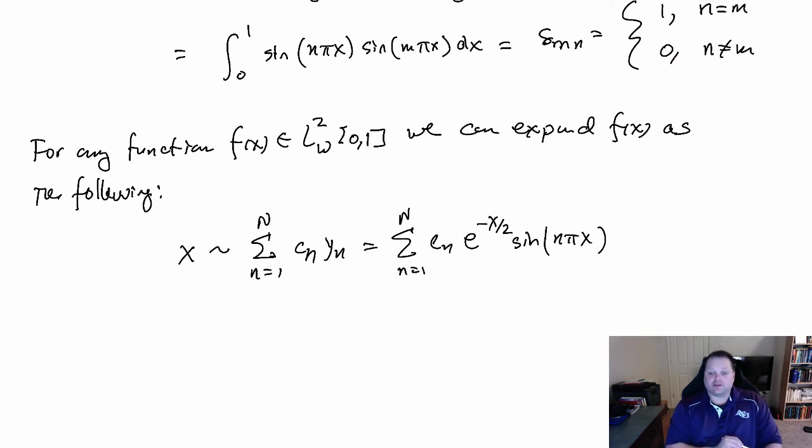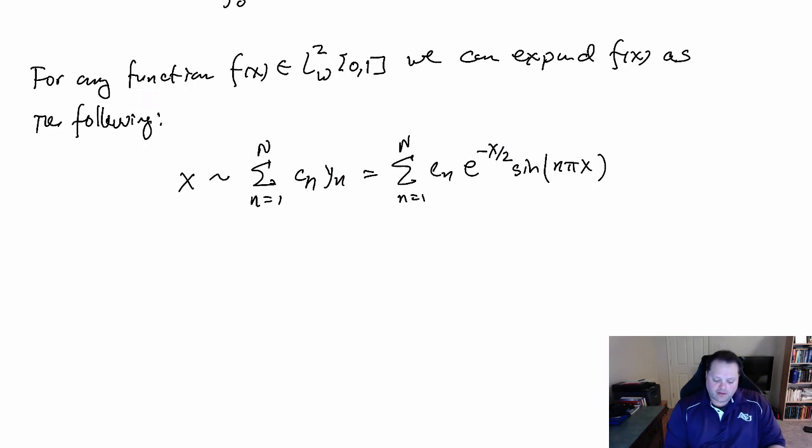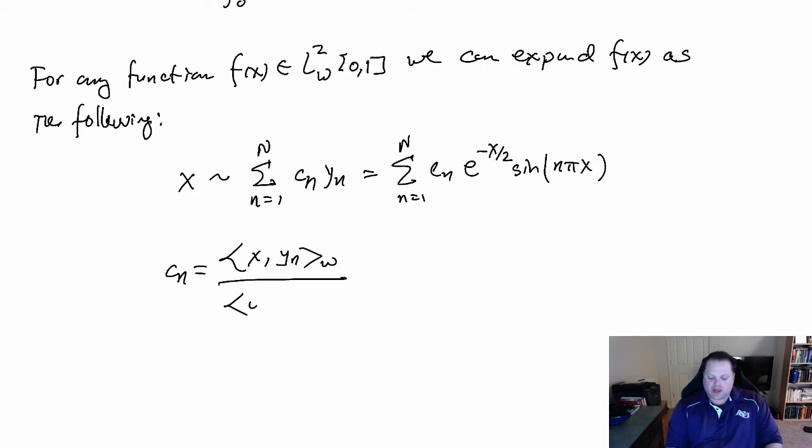Those are my eigenfunctions here. And you were told that Cn is the function f of x, which is x, yn, weighted inner product, divided by yn inner product.